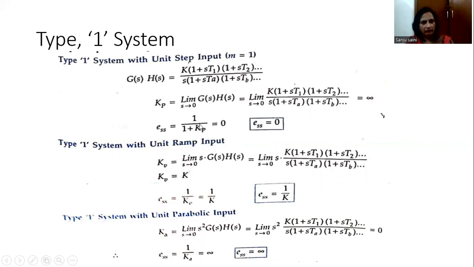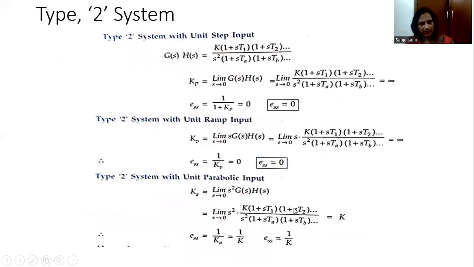So Kp will become infinite and the steady state error will become equal to 0. When we use a unit ramp input, the s in the transfer function gets cancelled by this s, and we are left with Kv equal to K, and the steady state error is equal to 1 divided by Kv.